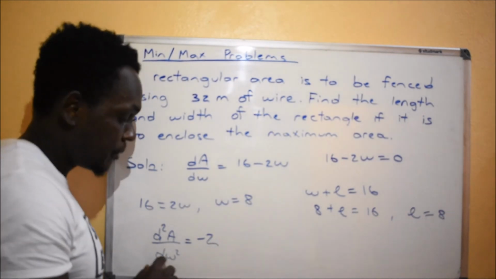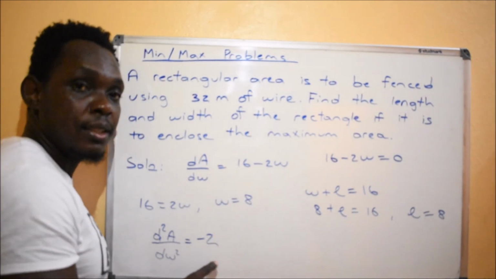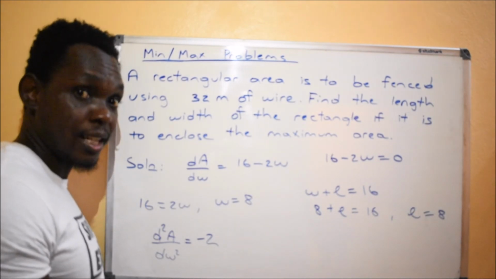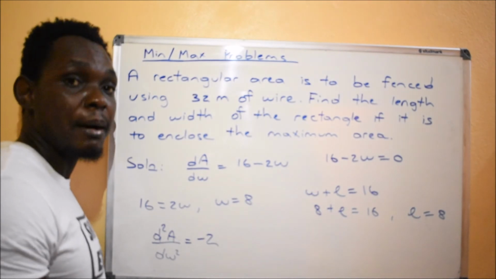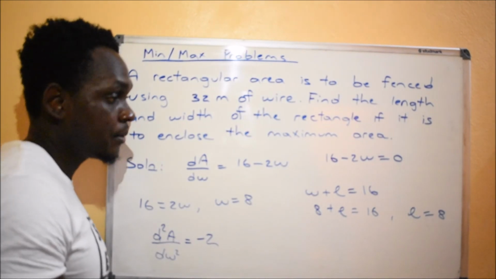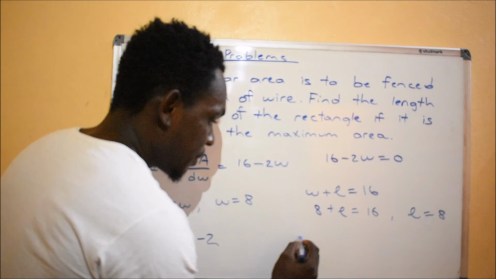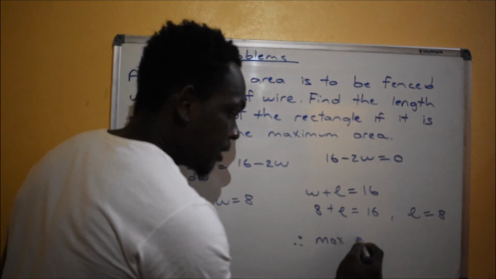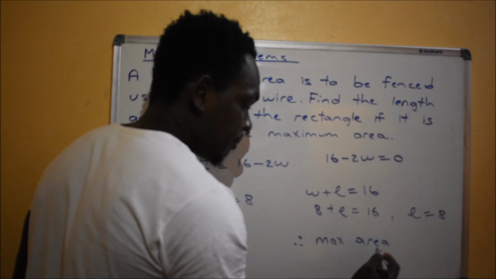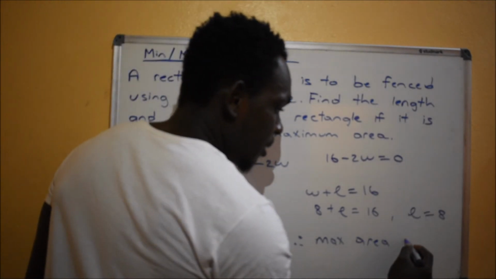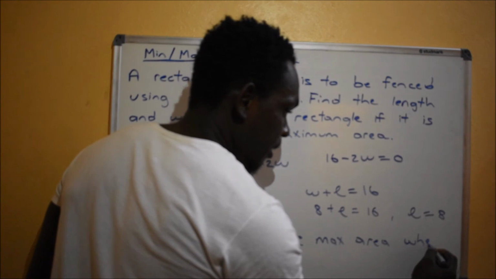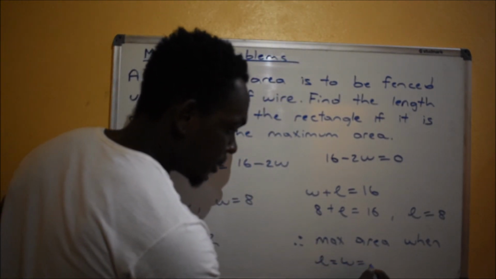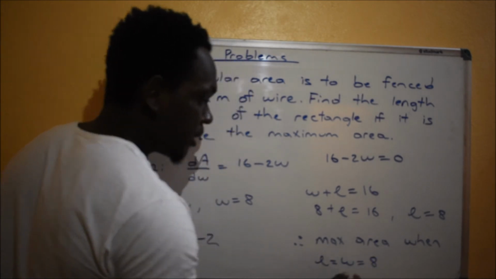So the second derivative gives us a negative number, less than 0, which means that we have a maximum point. So therefore, we have a maximum area when the length is equal to the width, which is equal to 8.